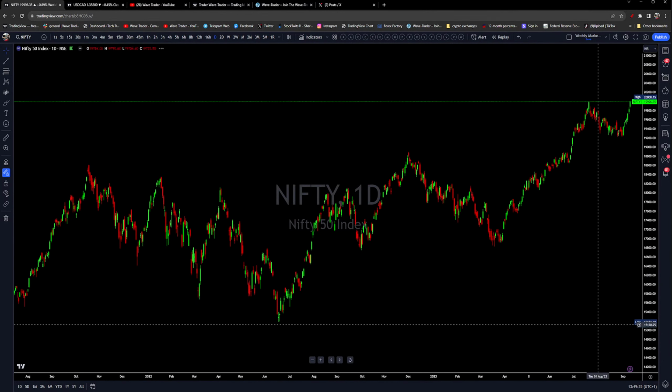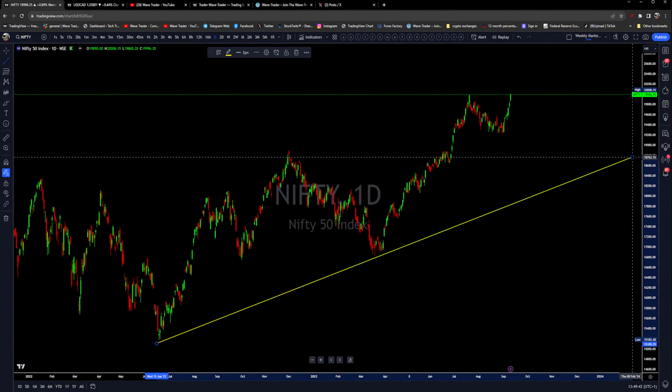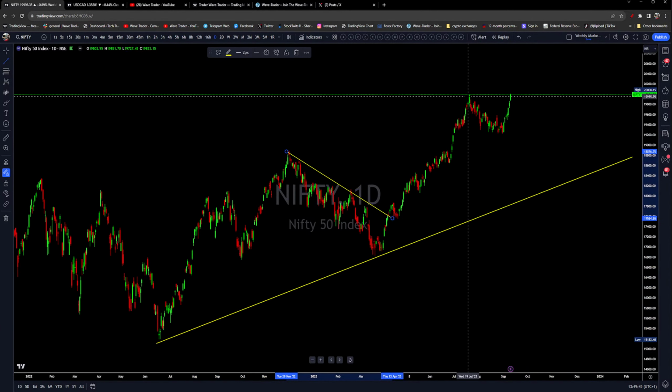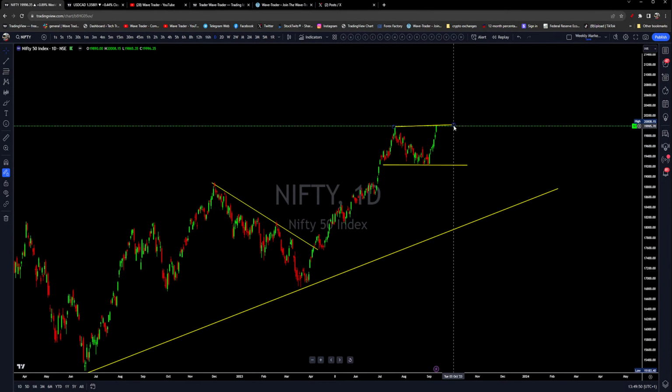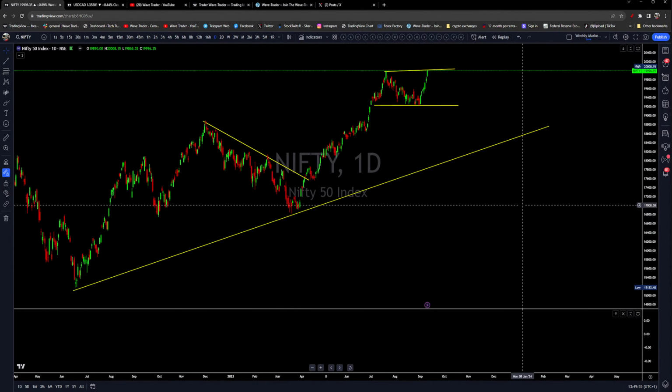Indian Nifty is banging higher, so you can only expect it to keep pushing higher. What you should look for: if this pullback comes, it is going to be a buy-the-dip opportunity. Simple. Or if it comes back within that trend, it is a simple buy opportunity, as long as American money is coming in.